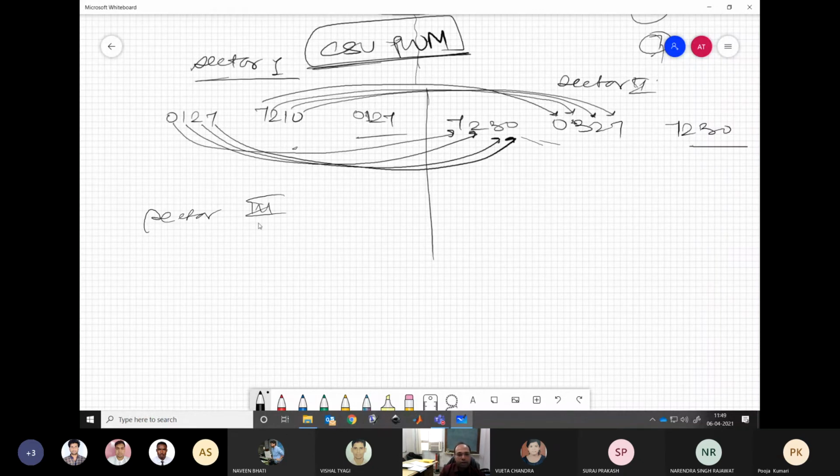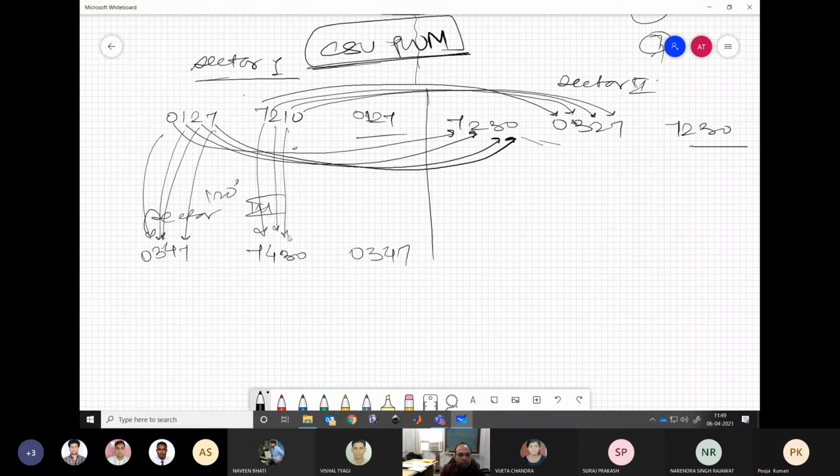Sector 3 is actually 120 degree apart from sector 1. So here you will be applying 0, 3, 4, 7, then 7, 4, 3, 0, then 0, 3, 4, 7. Again you can match. 120 degree apart means all the vectors which are 120 degree apart are applied. Getting my point? Similarly for sector 4.